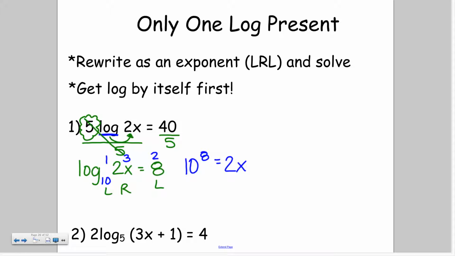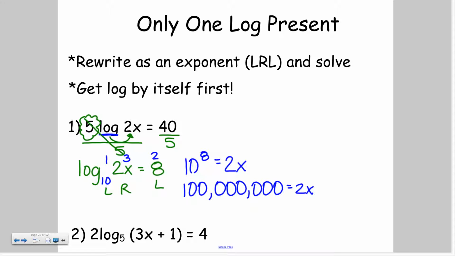Okay, now we have something we can solve. Now if I put 10 to the 8th in the calculator, I'm going to get 100 million. And it's going to equal 2x.